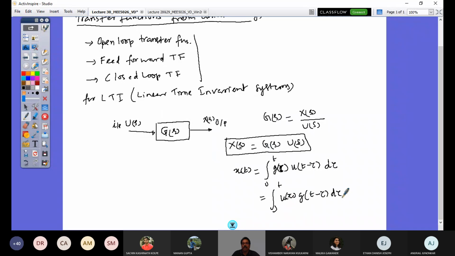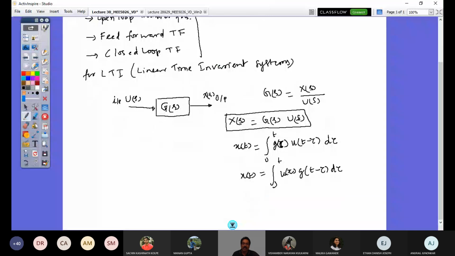So this is your output response you will get, right? So both U of t and G of t are 0 when t is less than 0. That means from the initial condition only, initially it is 0, that is the meaning. Then it is going to have, with your input function, accordingly the output function.